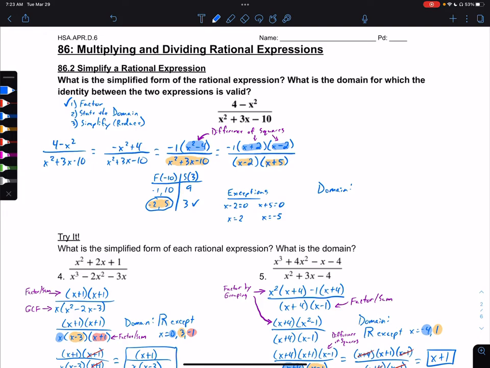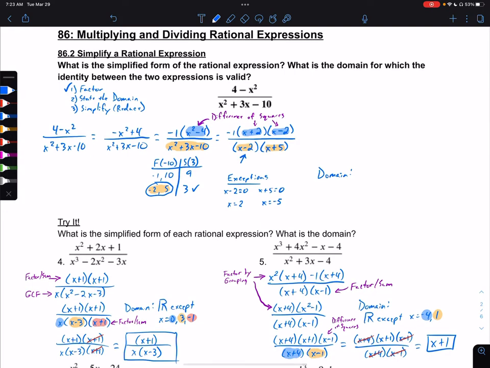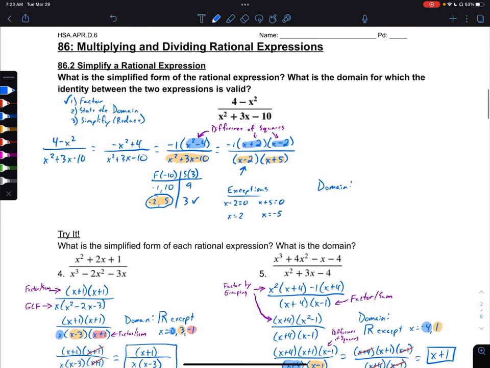Remember, you cannot have a 0 in the denominator because the whole term will be undefined. So you set each binomial equal to 0 and find the exceptions. What would cause this group to be 0? Well, 2. What would cause this group to be 0? Negative 5. So those are the numbers that we cannot have.